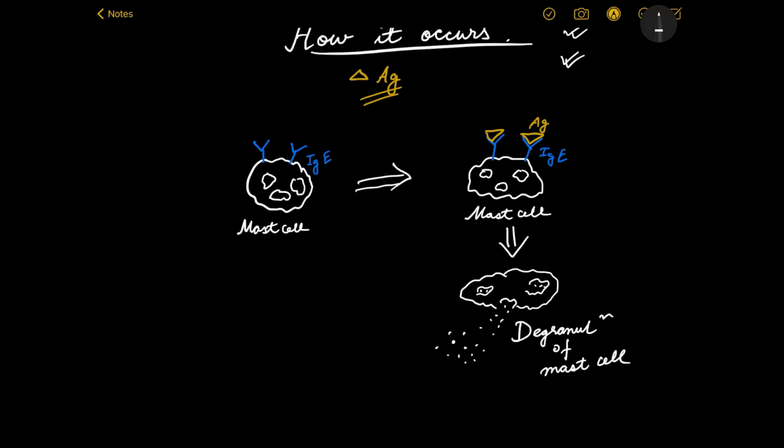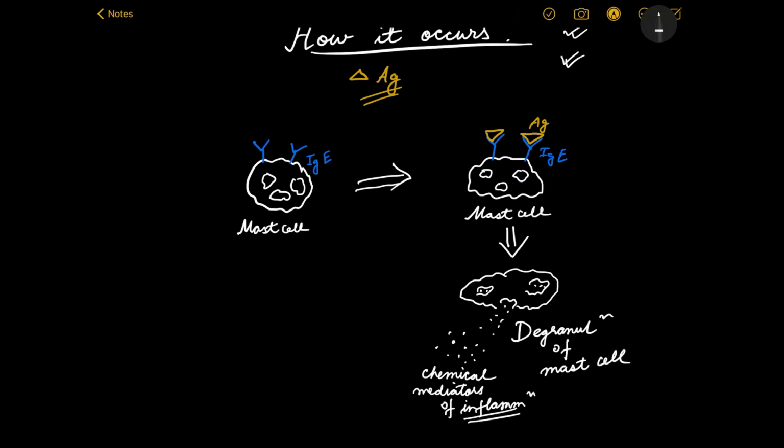These chemical mediators, they are chemical mediators of inflammation. If you remember, provided that you know a little bit about inflammation, inflammation is brought about by certain chemical mediators. So these chemical mediators, leukotrienes, histamine, are stored in the granules of mast cells. They are released outside, so they will bring about an inflammatory reaction.